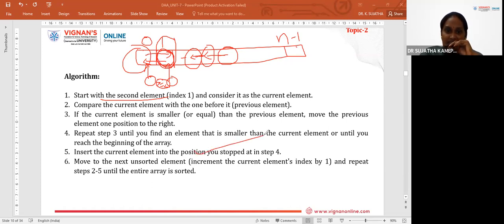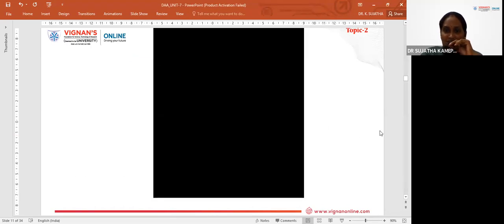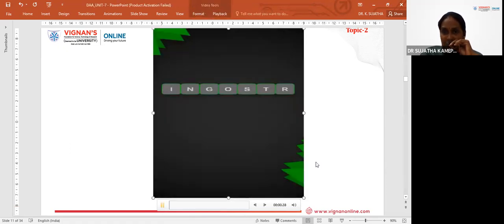Then insert the current element into the correct position and move to the next unsorted element. This is the process of insertion sort. Here I'm going to play a small video which shows the procedure of insertion sort. Try to understand that.